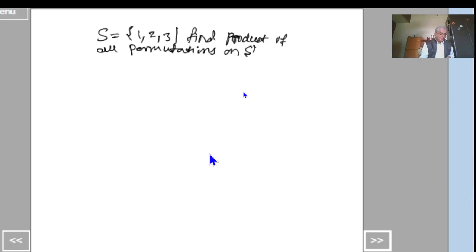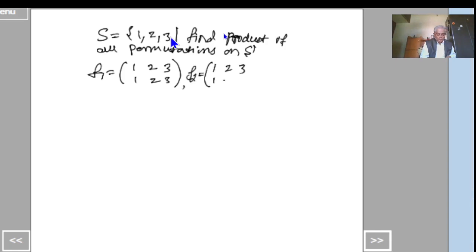So here S is equal to 1, 2, 3. I will write them one by one. First, F1 is 1, 2, 3, 1, 2, 3. This is my F1. And F2 is 1, 2, 3, 1, 3, 2. This is different. F3 is 1, 2, 3, 2, 1, 3.